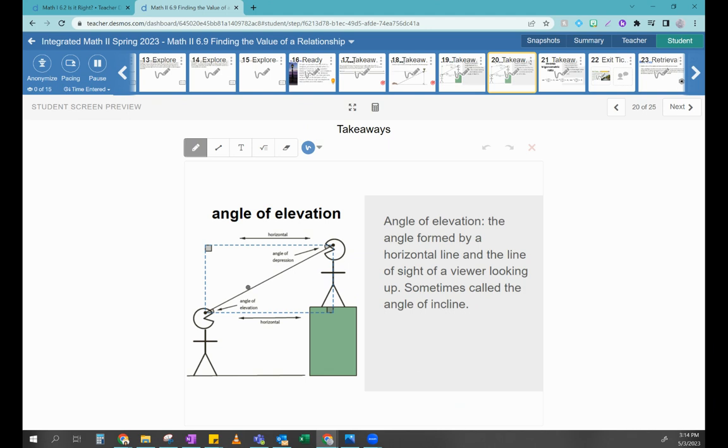But let's say you're sitting in the very front row of that movie theater. Now your angle of elevation is greater because you have to crank your neck all the way up just so you can see the movie screen. So this is what angle of elevation is: from horizontal to up.